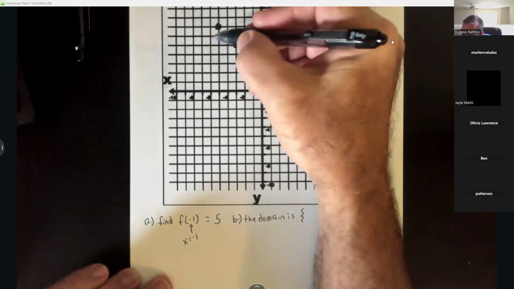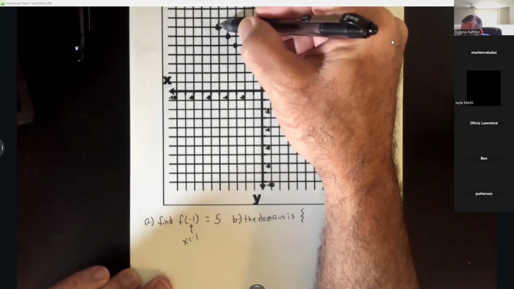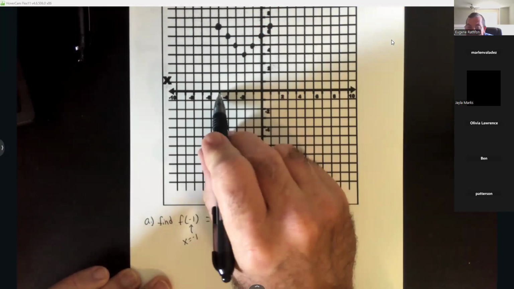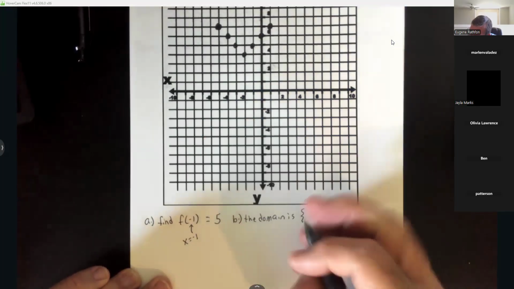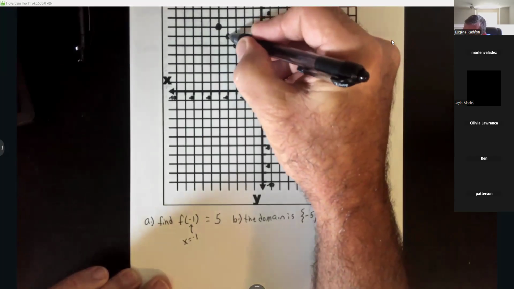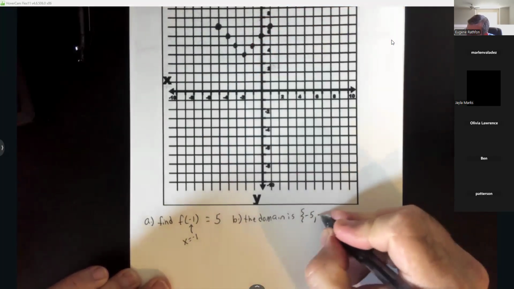So y'all want to look here to my first point. I'm just going to go left to right on them. So my left point, if I come straight down, looks like it's hitting at -5 here. So -5 would be my first x value. And then coming down from the next point, it has an x value of -4.